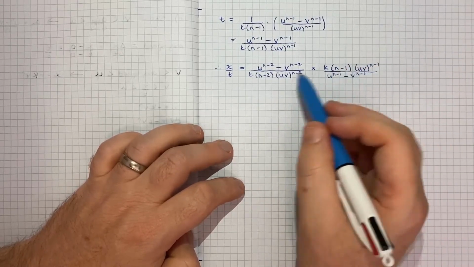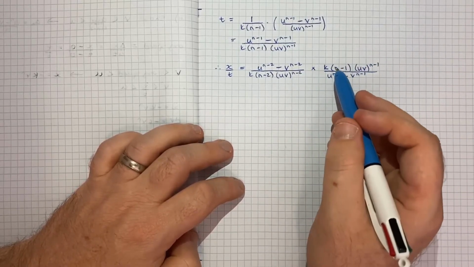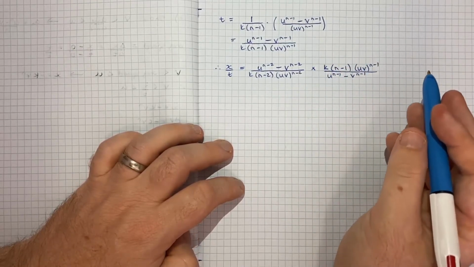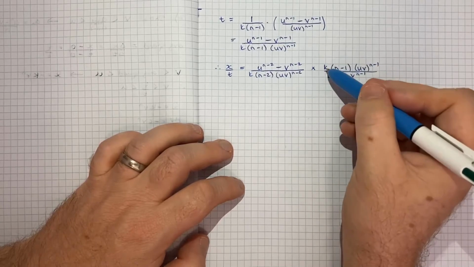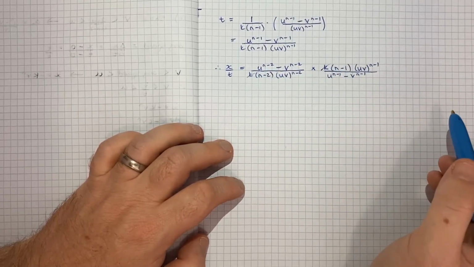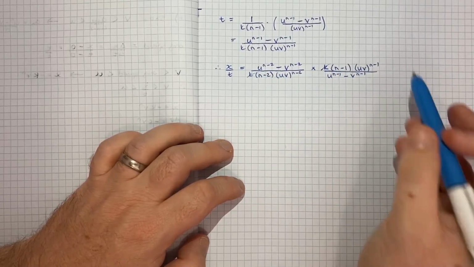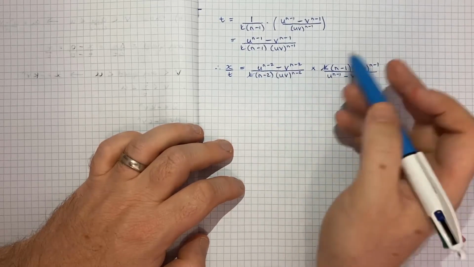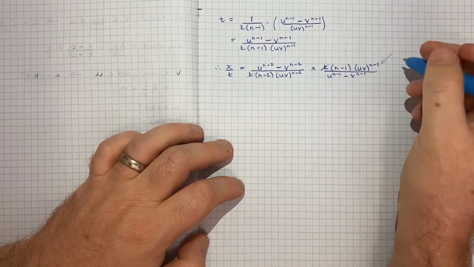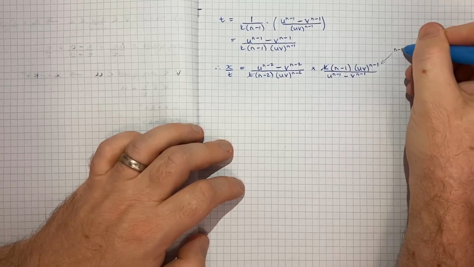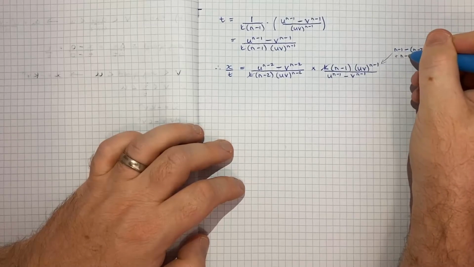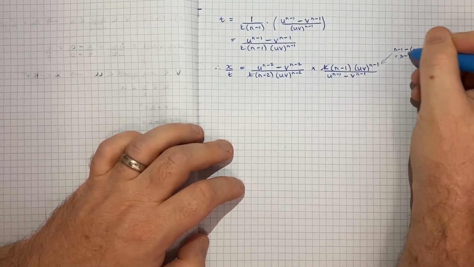So now we want to simplify this to get it into a_{n-1} and a_{n-2}. So first we can see we can cancel these k's. The (uv)^{n-1} divided by (uv)^{n-2}, that exponent will eventually become n minus 1 minus n minus 2, which would equal n minus 1 minus n plus 2.